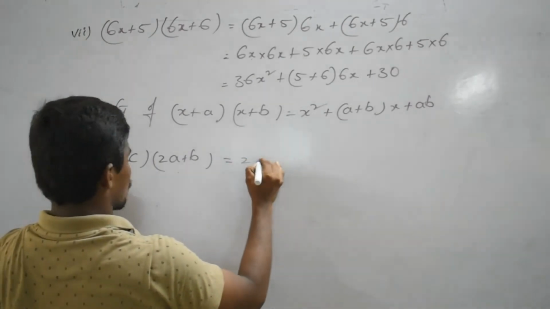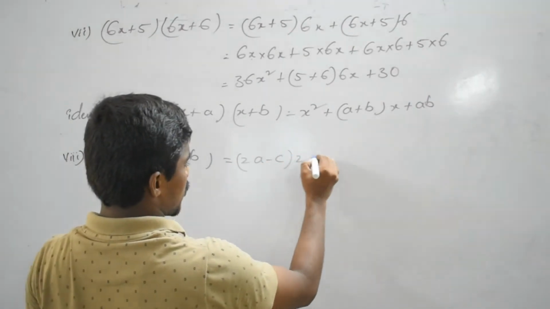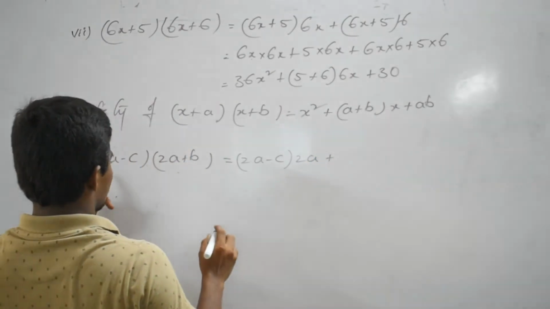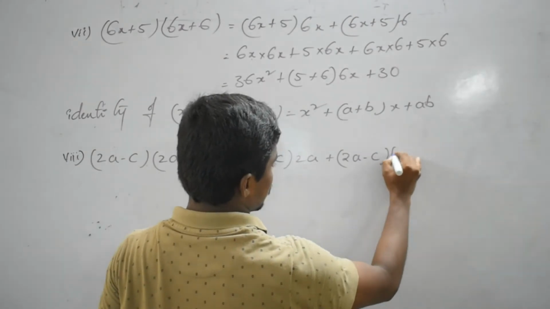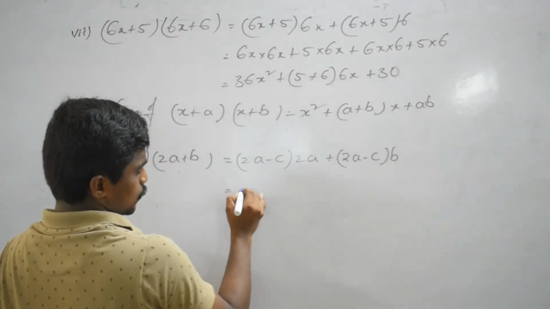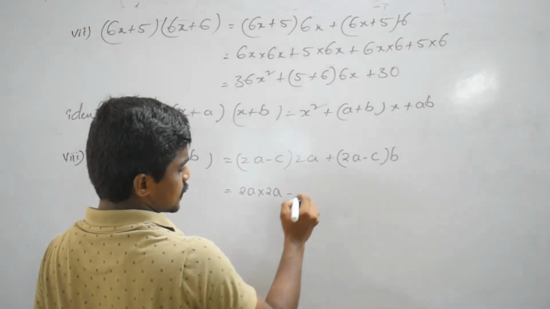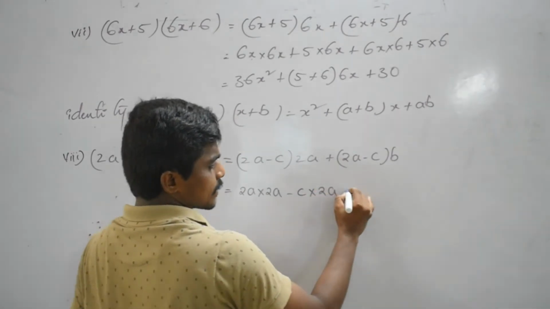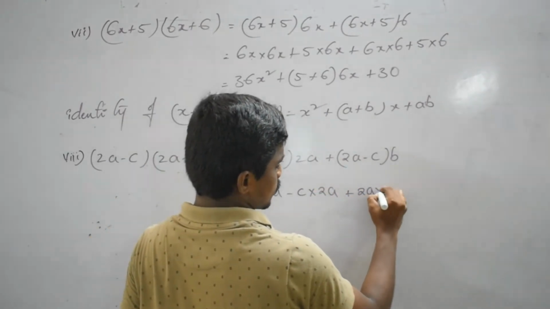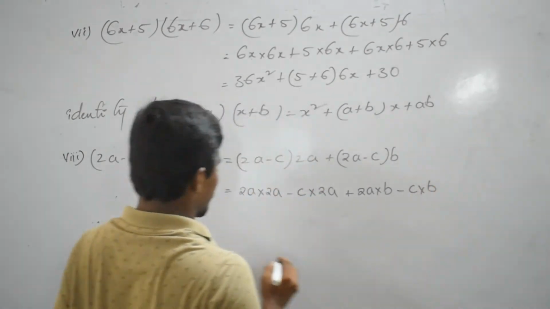Here 2a times 2a, 2a times b, minus c times 2a, minus c times b.